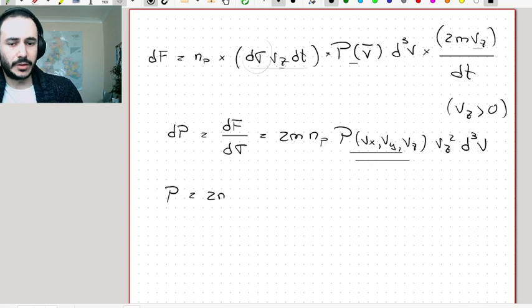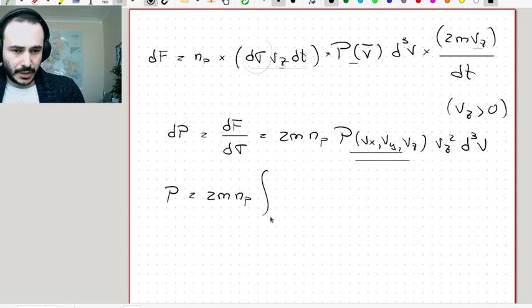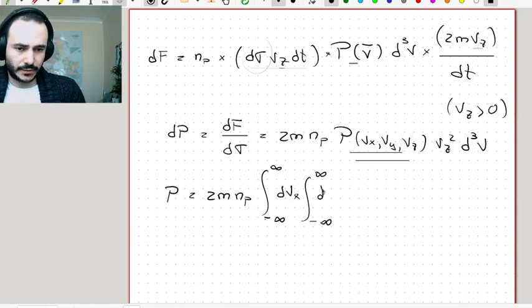So what do I do then? 2m and p, and here is the integral, and here I have to break down the integral. I am integrating in vx, vy, and vz. In vx, I integrate from minus infinity to plus infinity. In vy, I integrate from minus infinity to plus infinity.